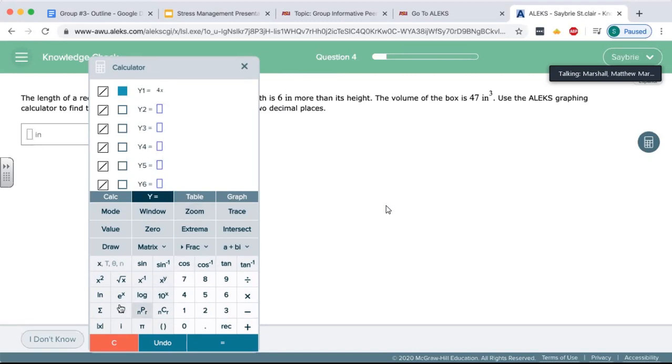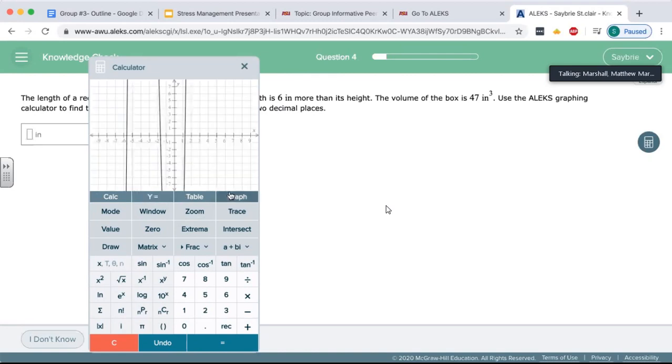So that x to the y button right there, and then the third. Plus 24 h squared or x squared. There you go. Minus 47. Graph that. Alright, is there a way we could expand that out or something?